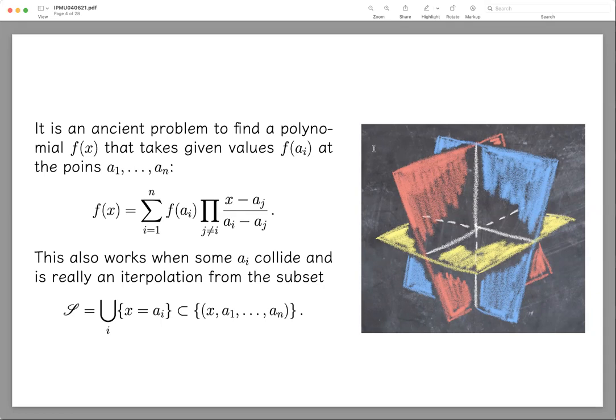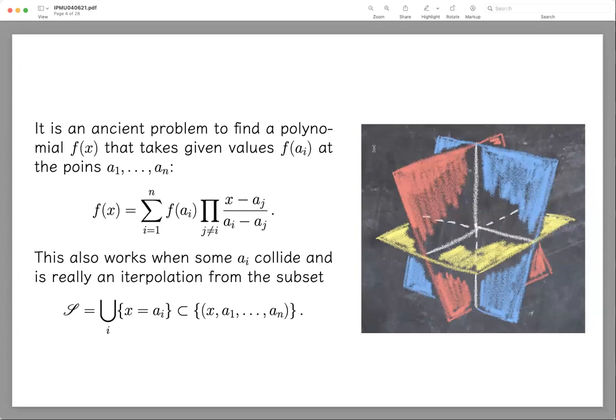Over the space of a_i, it's a union of n hyperplanes, and these hyperplanes intersect in a standard pattern, which for 3 points is going to look like that. So you have a function defined on that locus, and you're asking to interpolate to the ambient space. And this is given by the formula right there.